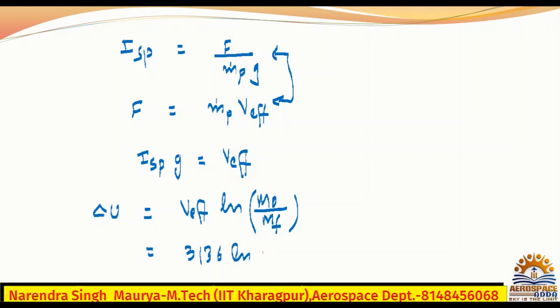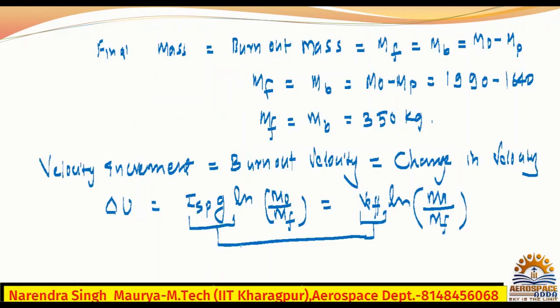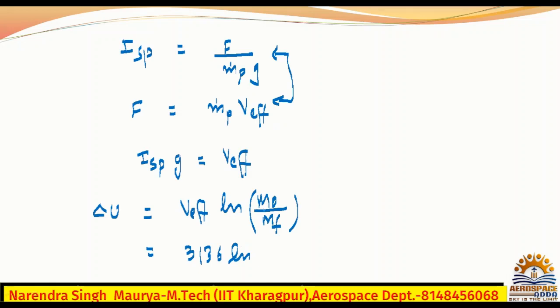3136 ln, what is the m naught initial mass you have calculated here? It is 1990, divided by 350. 1990 divided by 350 ln, into 3136.